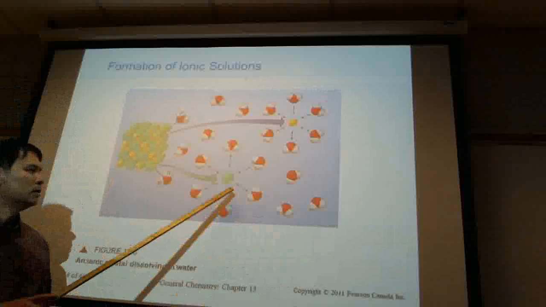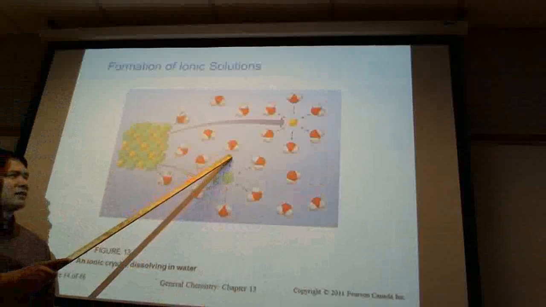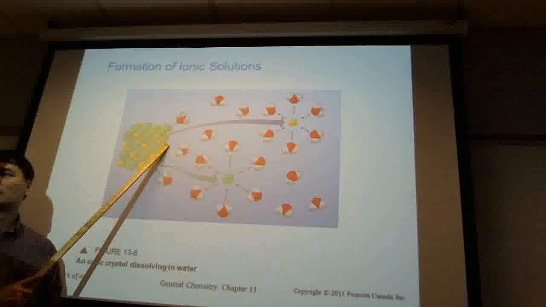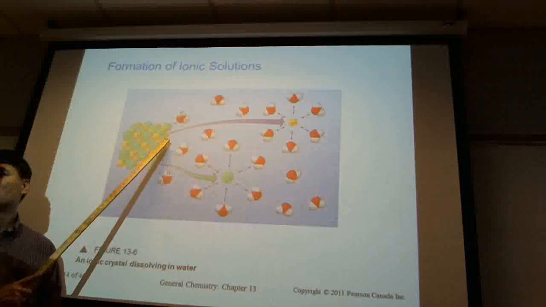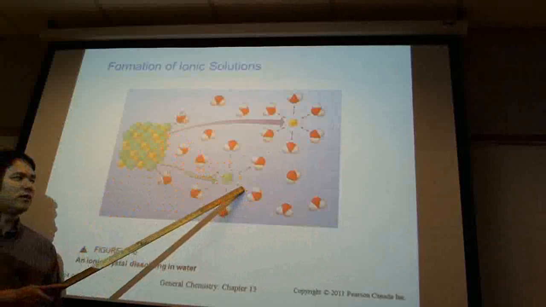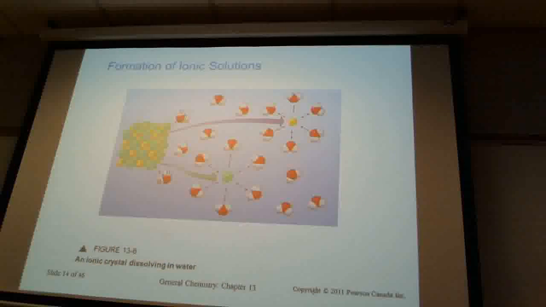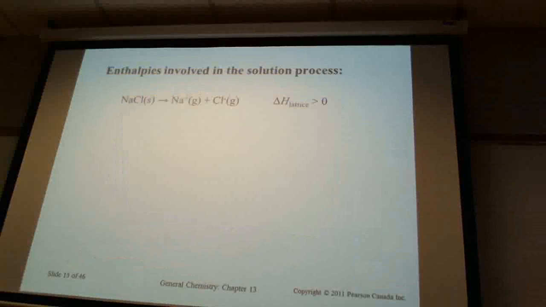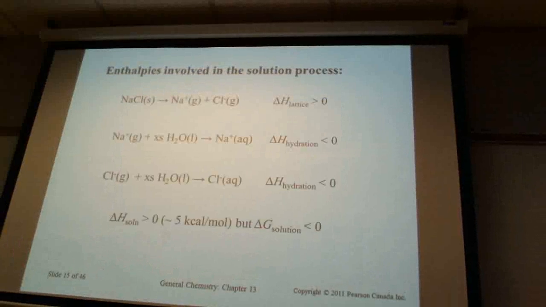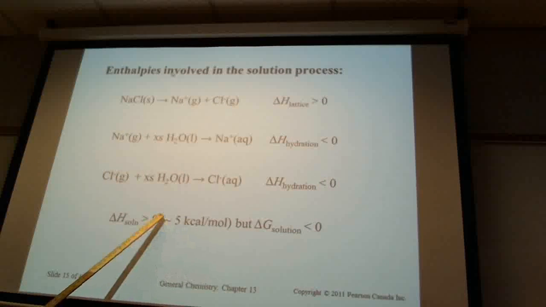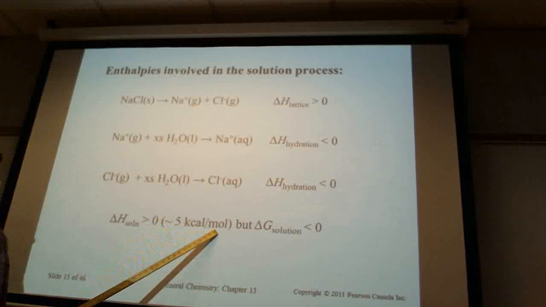But nonetheless, because sodium chloride is quite soluble, what drives this is entropy. And so if the energy is not too unfavorable, entropy can drive it. So, plus about 5 kilocalories per mole.